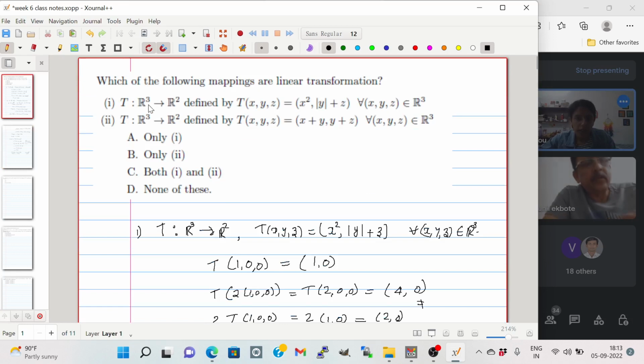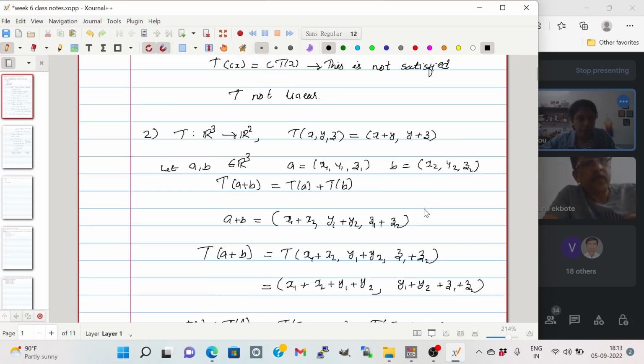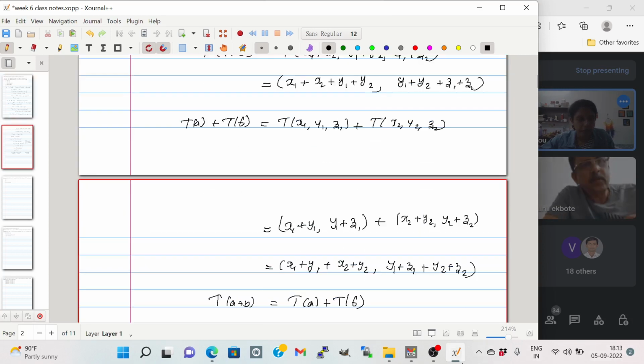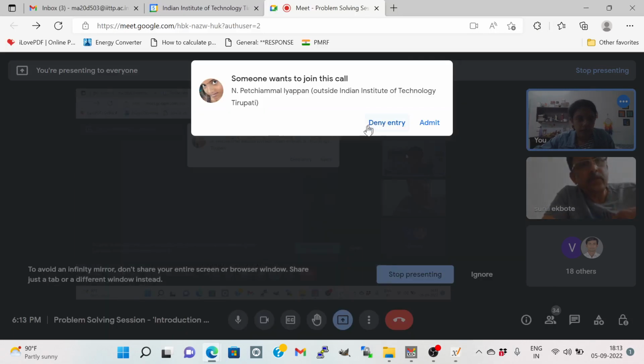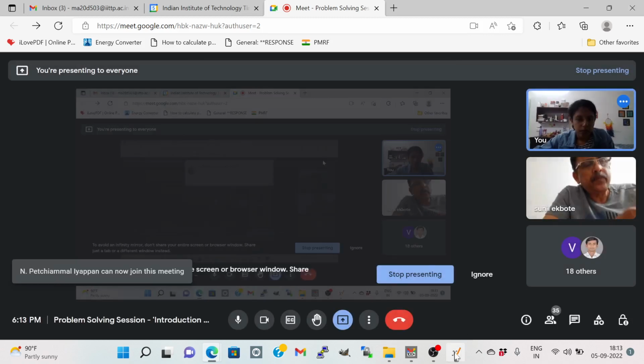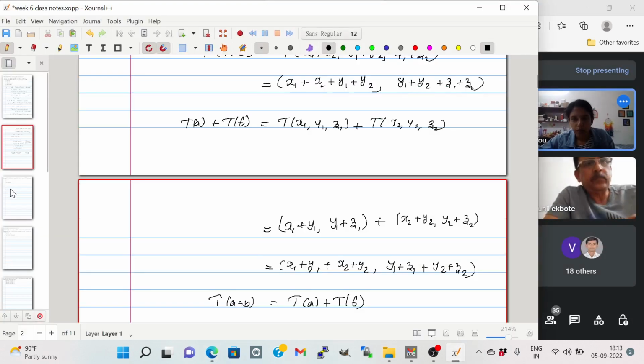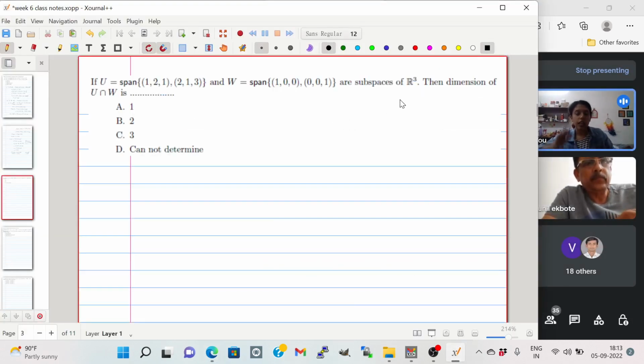T from R3 to R2 means we are assuming the field is over R. So what we are getting is the second one is a linear transformation and the first is not a linear transformation. Is this clear for everyone? Yeah, if it is clear, let's go to the next problem.